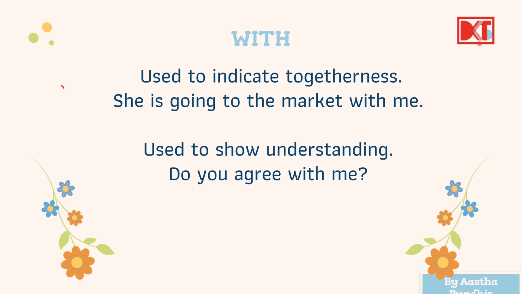Like here, she is going to the market with me, with, right? So together, both of us are going to be together. Then it is used to show understanding. You ask, do you agree with me? So this is a sort of question on understanding, whether this person understands or not. All right.